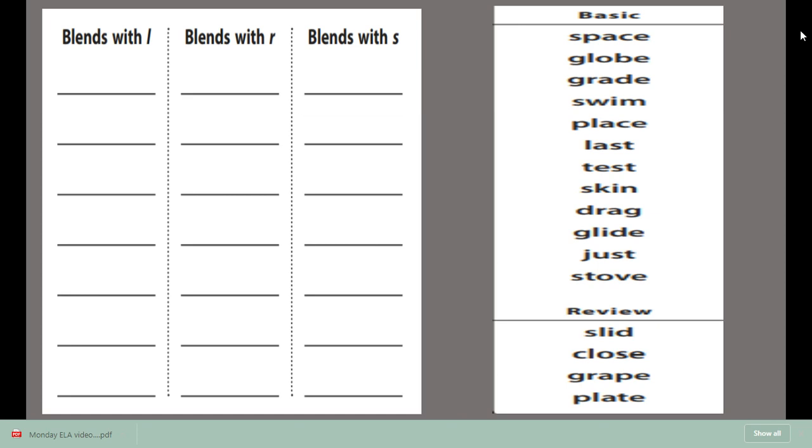You will make a column blends with L, blends with R, and blends with S. And then you will look at your spelling words in the word bank. You will figure out which blend each of those words contains, and then you will write it in the appropriate column. And like I said again, Ms. Garcia's kiddos, you will be completing this assignment digitally in Schoology and typing the words in the correct column.